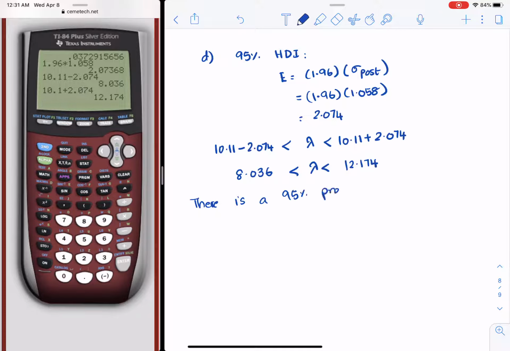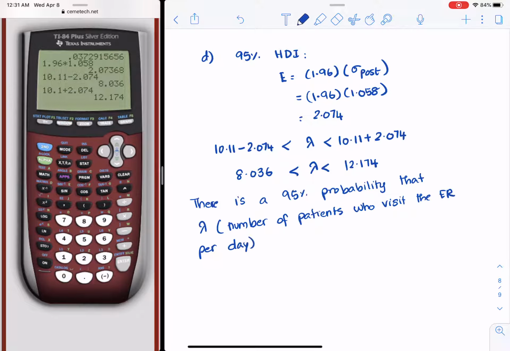So clearly we're saying that there is a 95% probability that lambda, which is the number of patients who visit the ER per day, lies between 8.036 and 12.174.